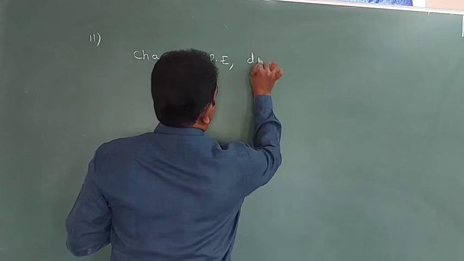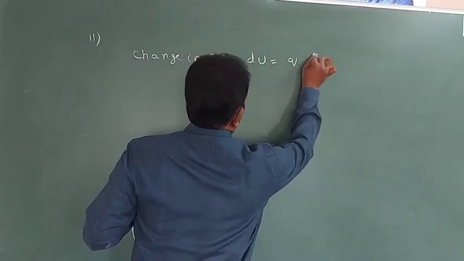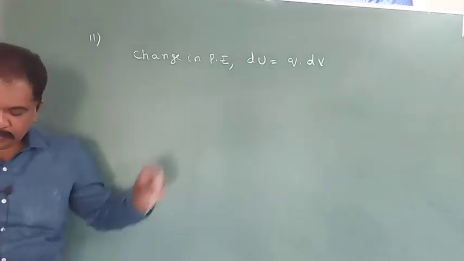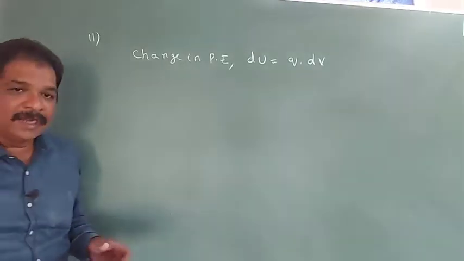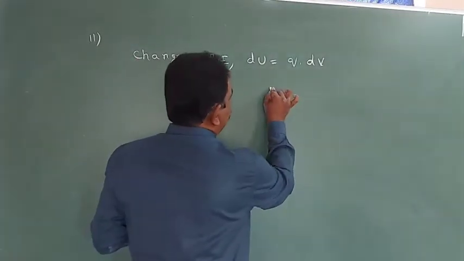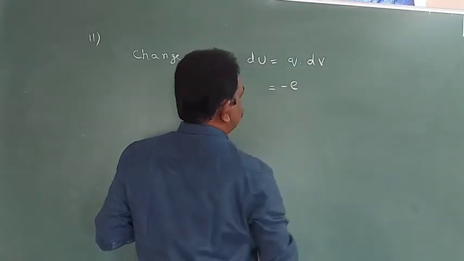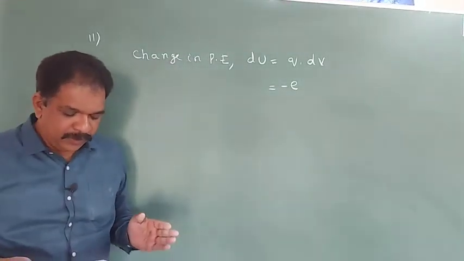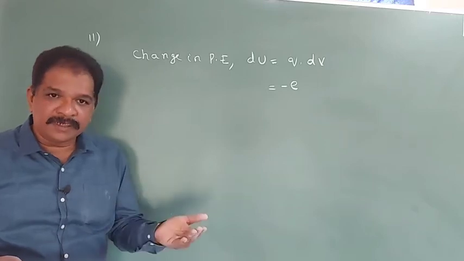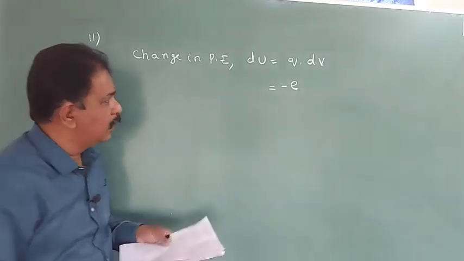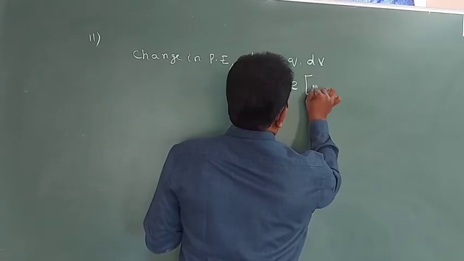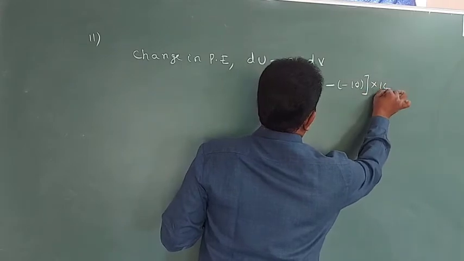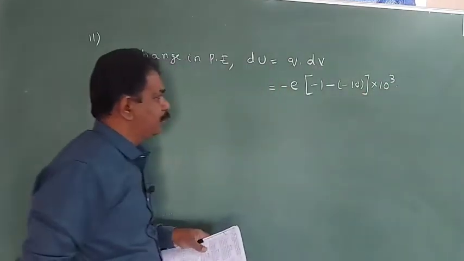dU is equal to Q into dV. Here, electron means minus e, the charge of the electron is negative, into it moves from minus 10 kilovolt to minus 1 kilovolt. Final will be minus 1, initial will be minus 10, into 10 cube.